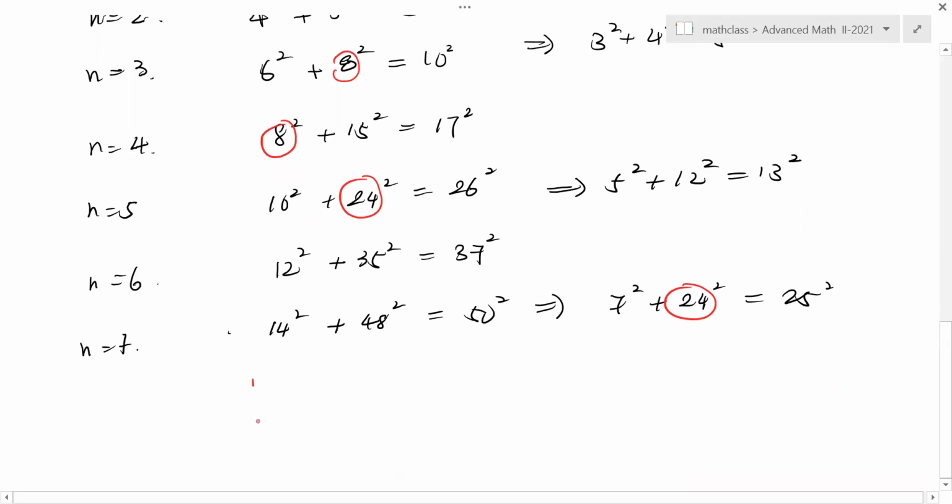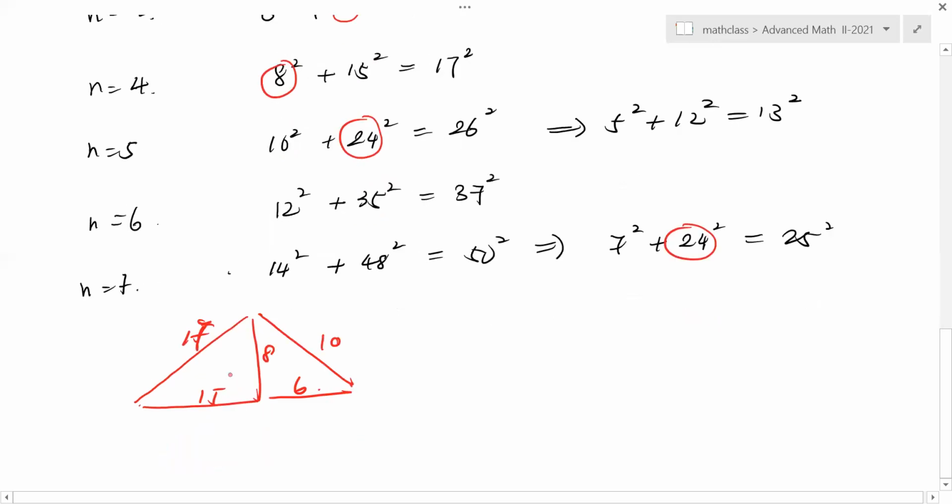So I can use an 8 to make two triangles, and I have 8, so you can glue them together along the 8. That's a 15 here, and here's 17. Then on the other side, that's just 10 and 6. So you can have a triangle consisting of 17, 10, and 21.